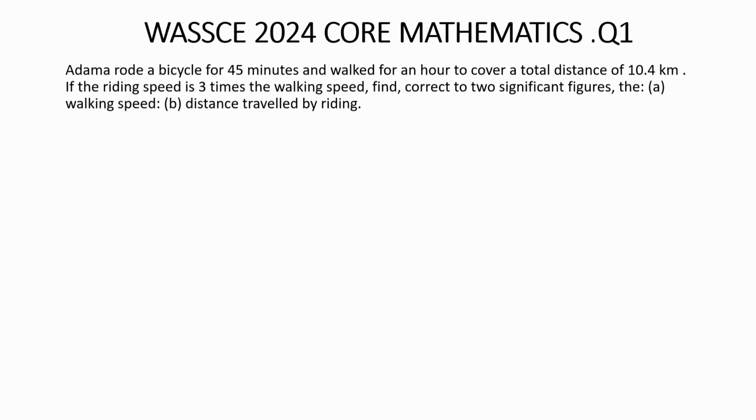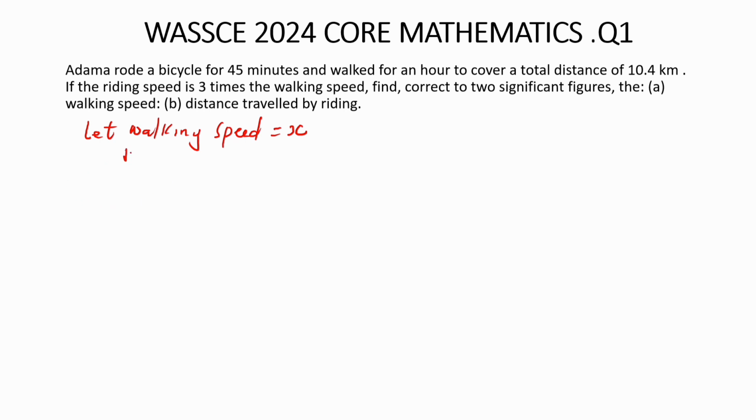So from the question, we can see that the riding speed is 3 times the walking speed. So we can say, let the walking speed equal x.